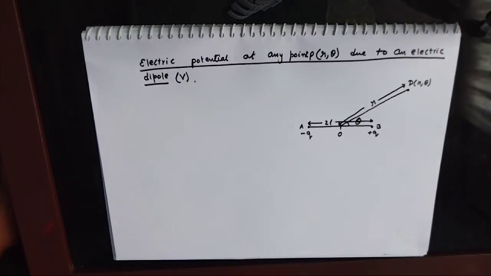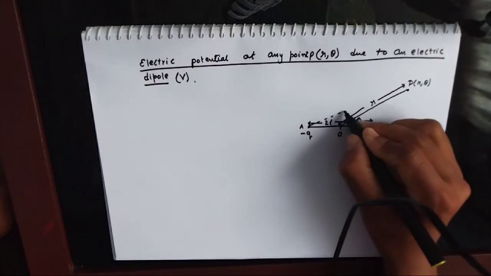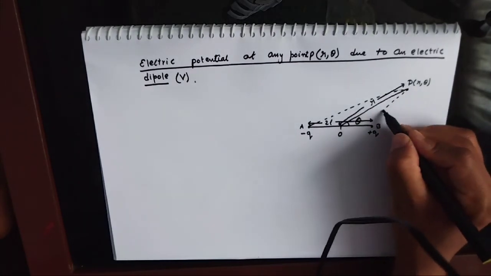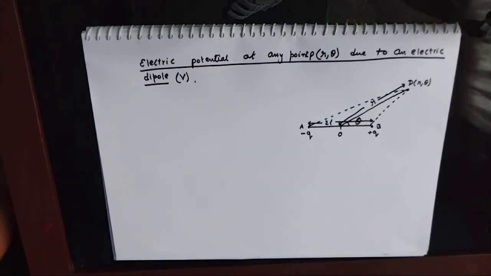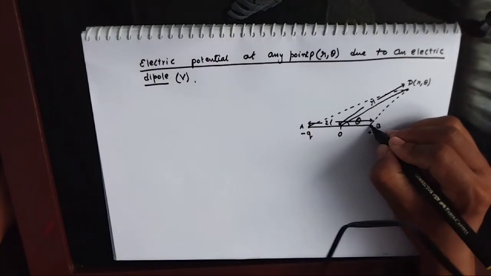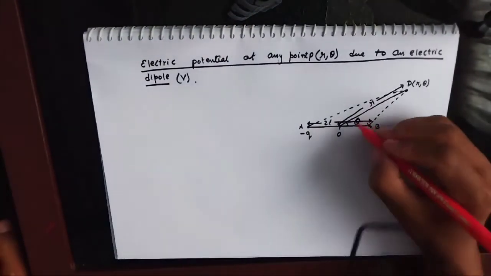Now, if I join this line like this, and I join this line like this, then let us drop a perpendicular somewhere here.